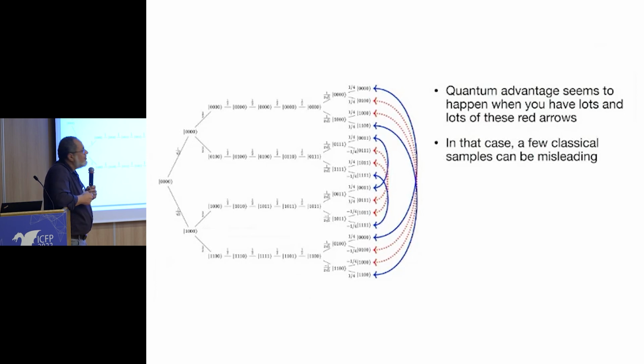If you looked at the branches individually, you would get no information. You look at this branch, you think 0, 1, 0, 0 is a possibility, and then you may find much later that there's another choice. And of course, this could be much more complex. You can have many, many red things that eventually cancel, and you cannot see that no matter what you do classically. So this is one possible insight here.